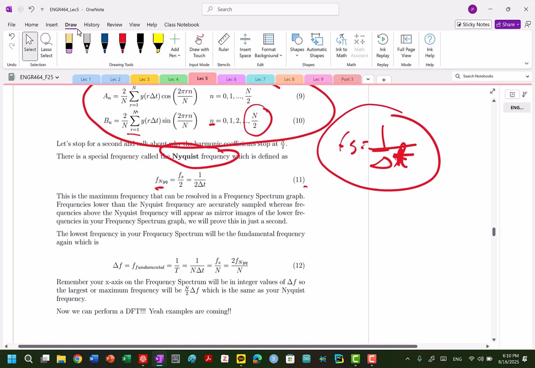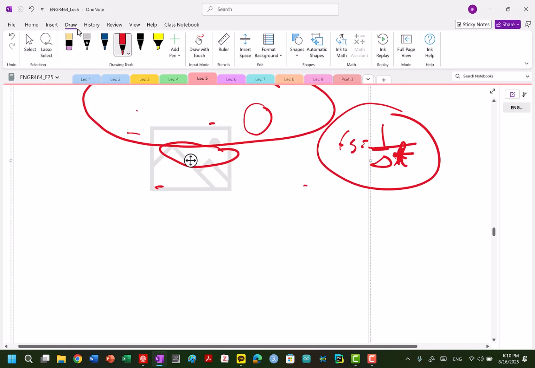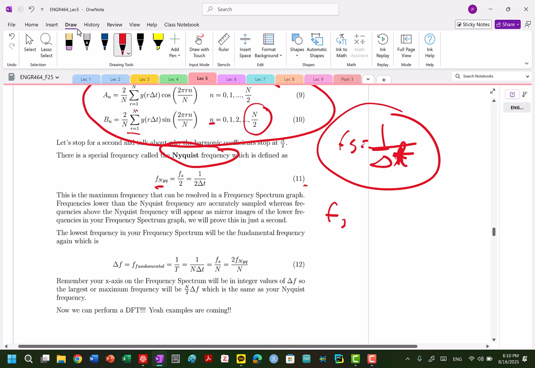Basically, we can only sample, so if you remember, f of s has to be greater than twice our Nyquist frequency. So at that limit of where we can actually determine frequencies, it has to be f of s over 2, or n over 2 harmonics.